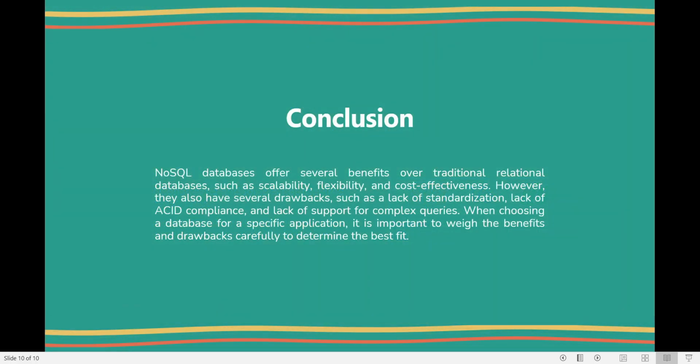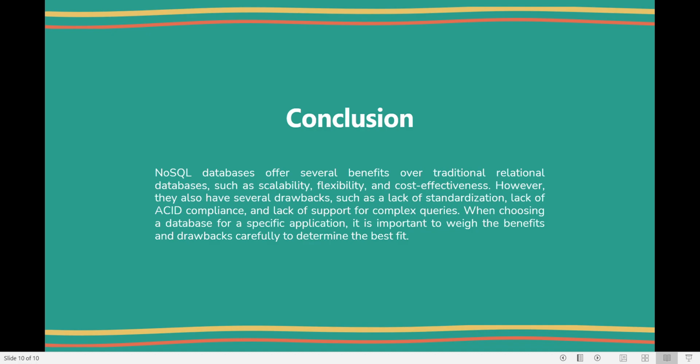Now let us conclude it. NoSQL databases offer several benefits over traditional relational databases, such as scalability, flexibility, cost effectiveness.